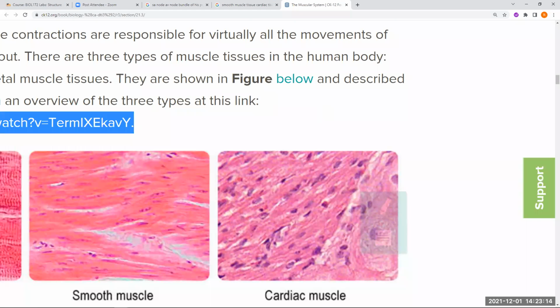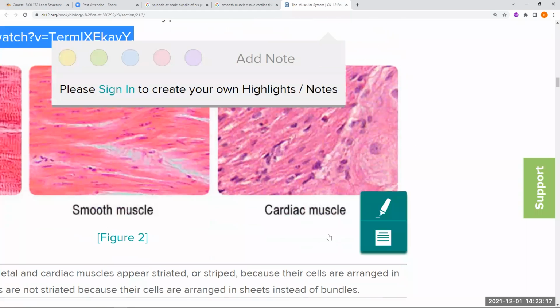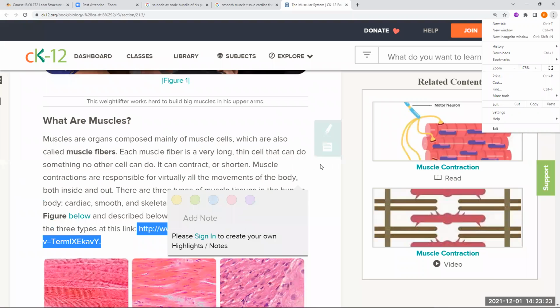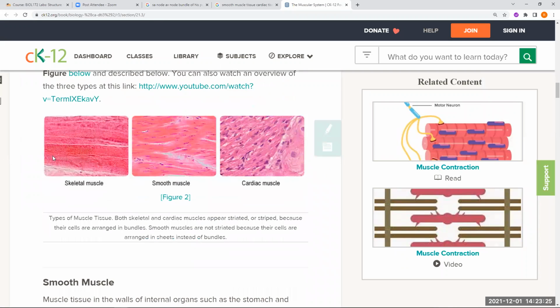So what we would notice here. But the skeletal muscle is not showing up too clearly here. I don't like this diagram.